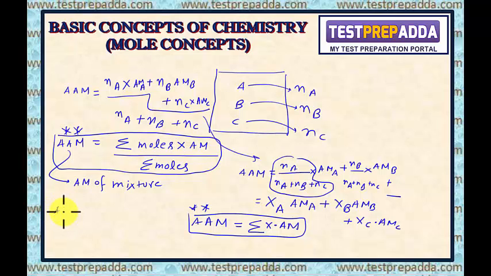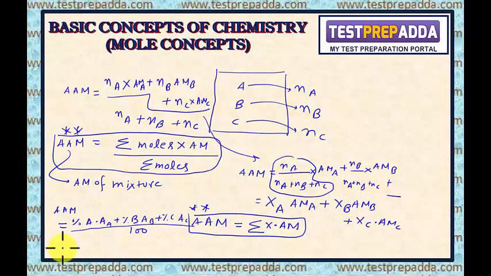So average atomic mass in that case will be written as percentage of A into atomic mass of A plus percentage of B into atomic mass of B plus percentage of C into atomic mass of C upon what is the total percentage? 100.